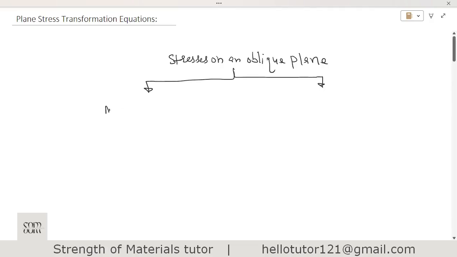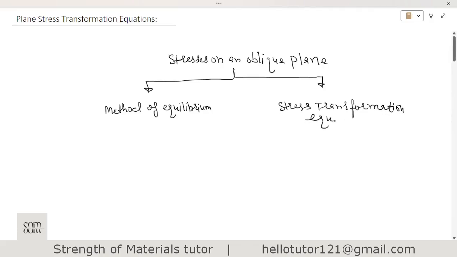First is the method of equilibrium, and the other is stress transformation equations. We did the method of equilibrium earlier. So in this class we are going to talk about the equations.